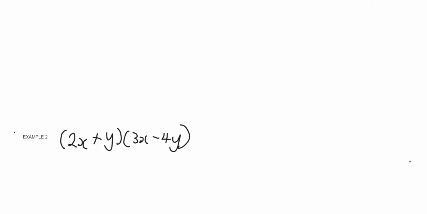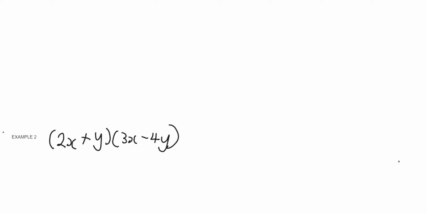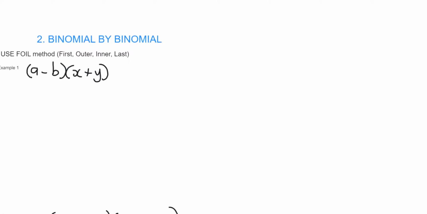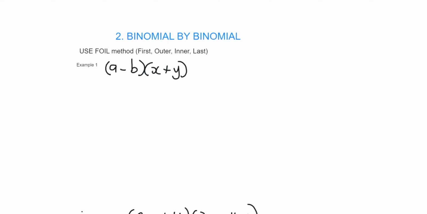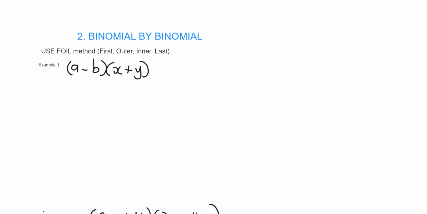So let's check in terms of what is this one that we have now. Now let's say you need to use binomial by binomial. When you use binomial by binomial, this is where we are going to use our FOIL.